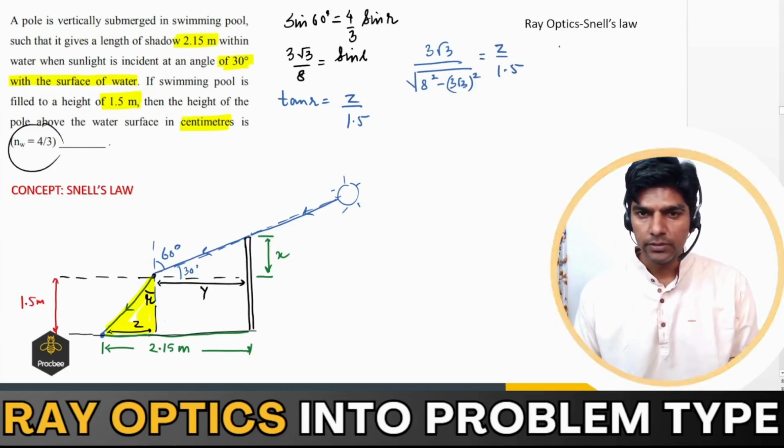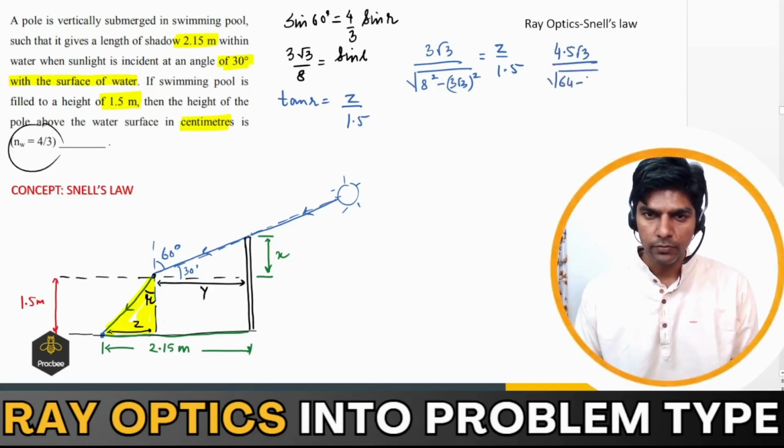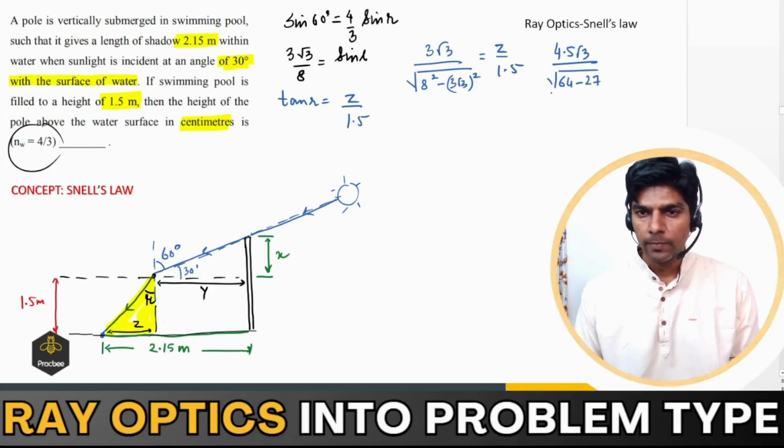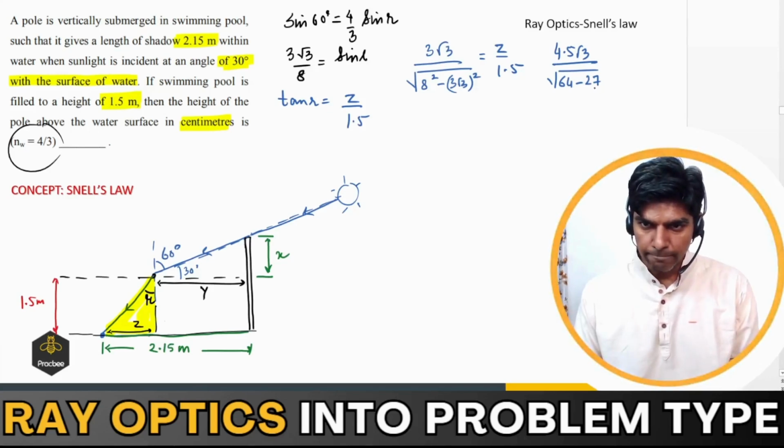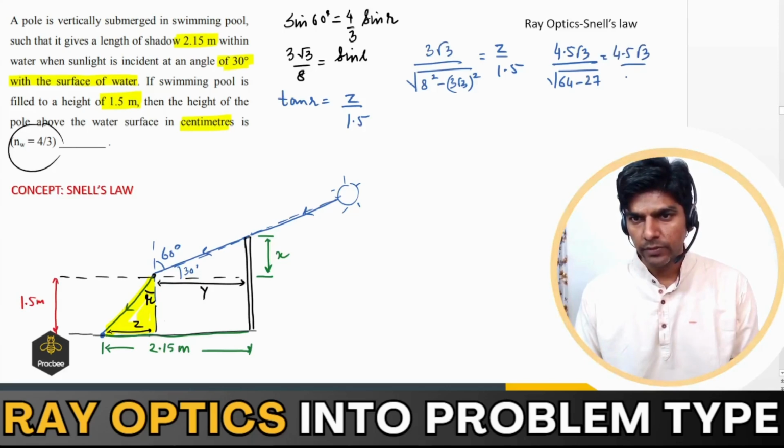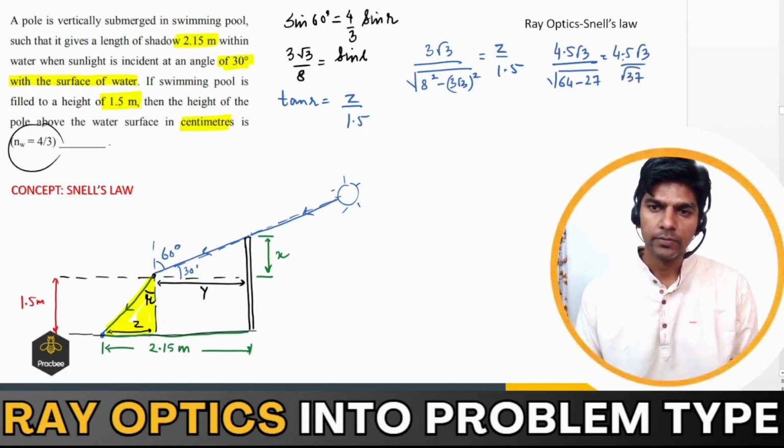Now from this, it will be 4.5 times root 3 divided by root of 64 minus 27. Right, so that comes out to be 37, right? So 4.5 root 3 divided by root 37.